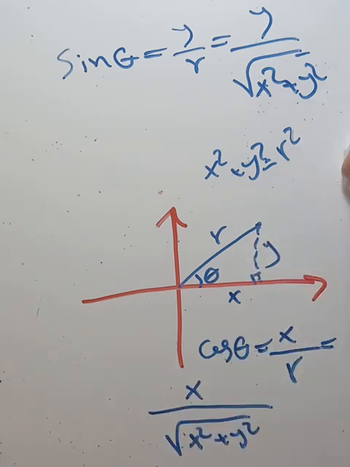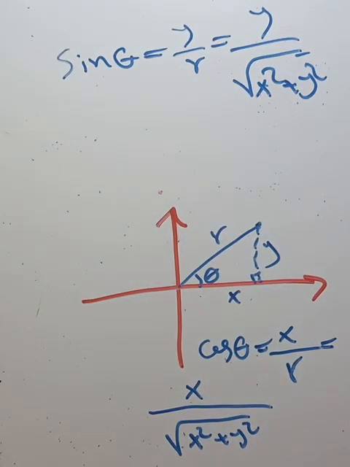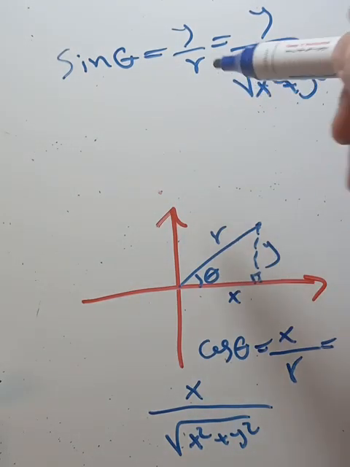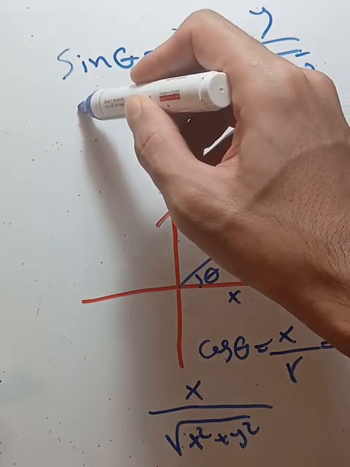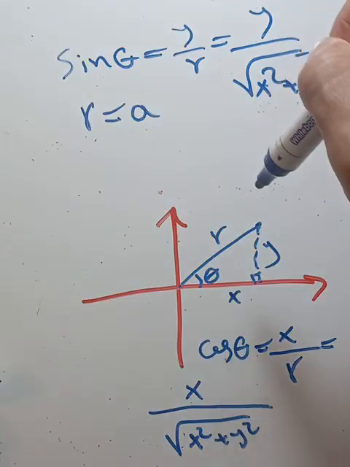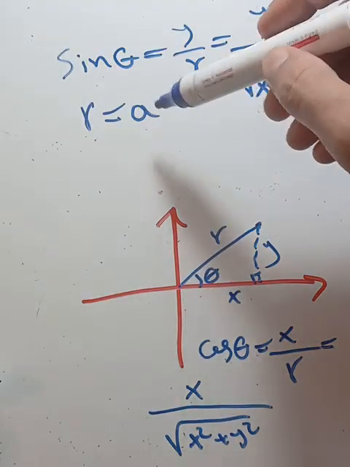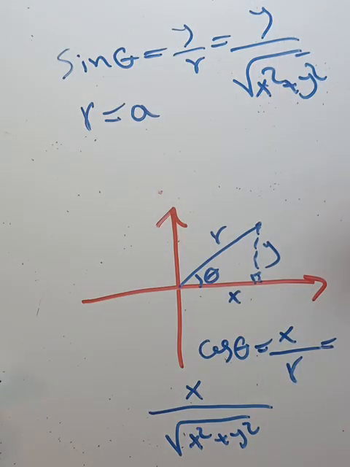So for instance, this is the equation of a circle whose center is the origin and radius is a.